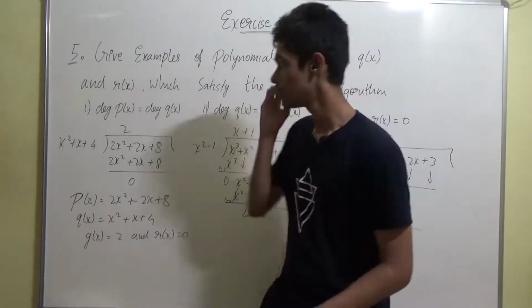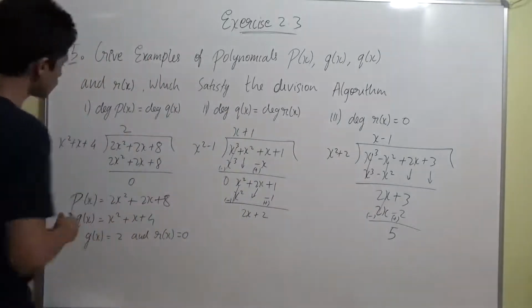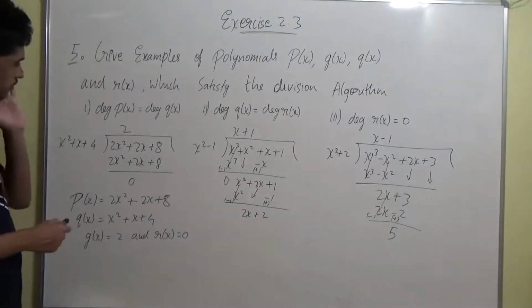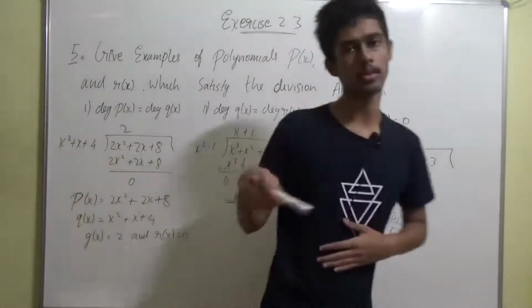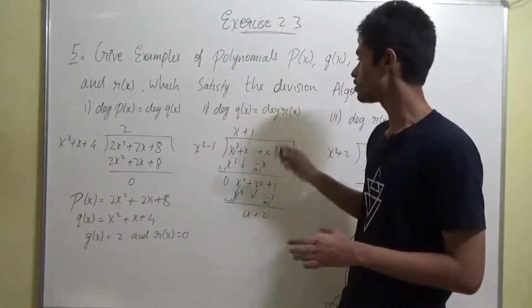Okay. So, just a minute, guys. We'll go to the second part and then we'll come to the first part. There's a small confusion in the first part. Let's go to the second part.